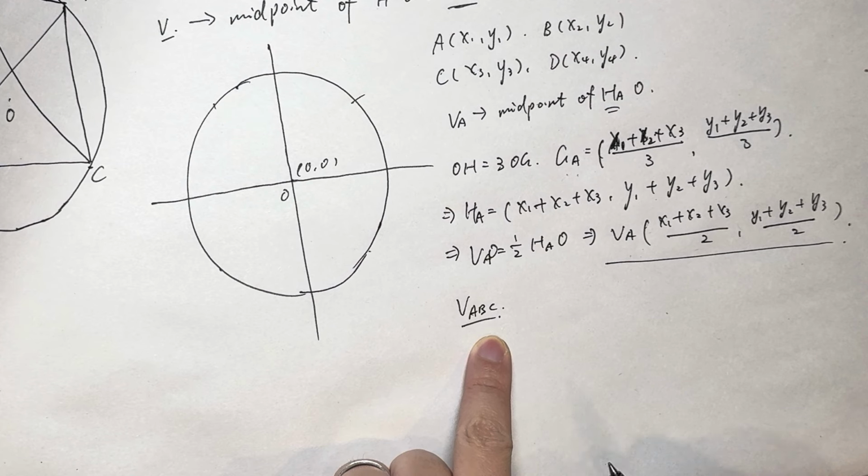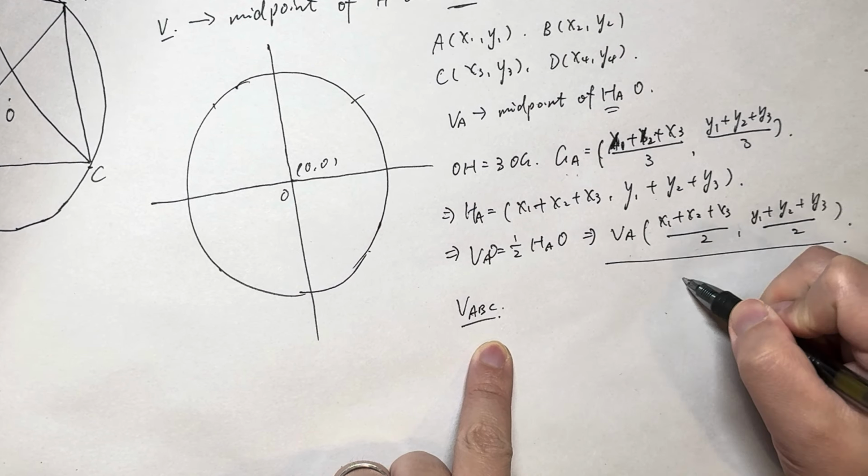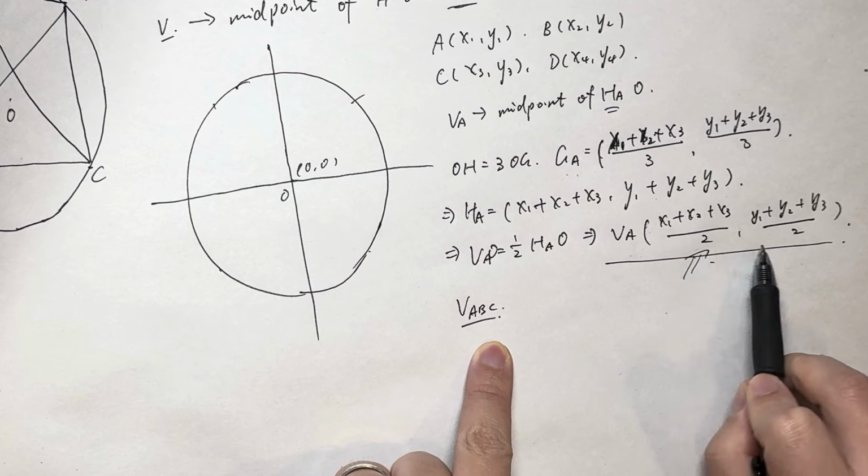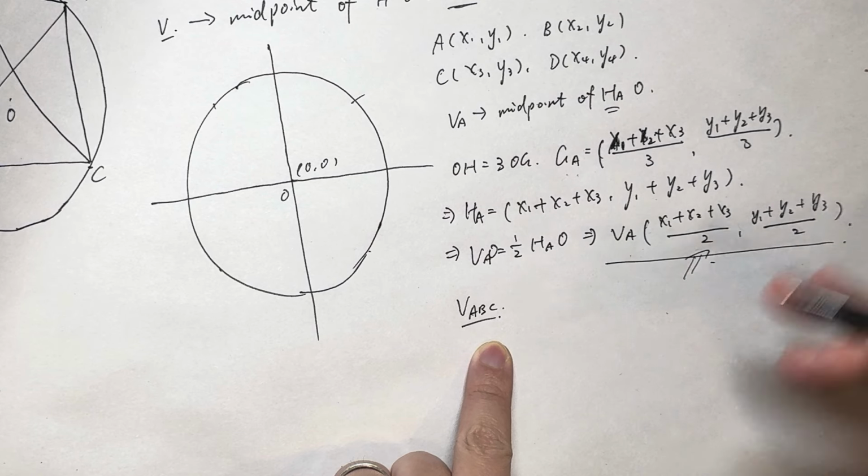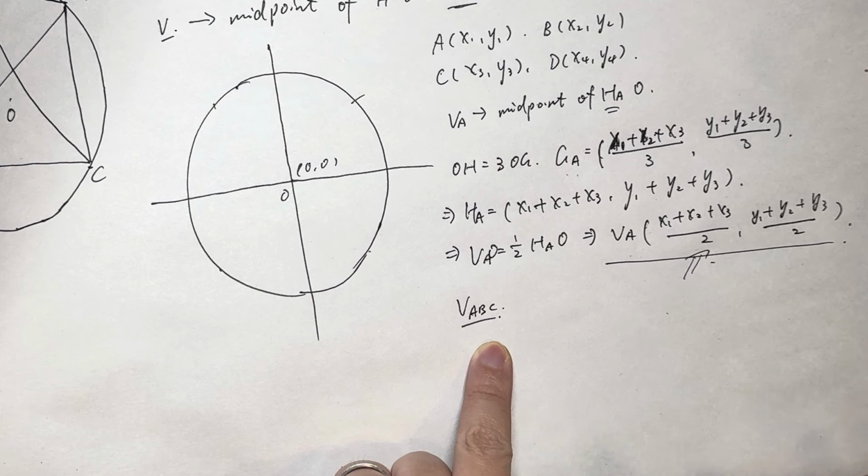If we just look at this one, it's so symmetrical, right? It just excludes the fourth point. If we want to prove they are cyclic, we just need to find the center and prove it's on a circle.